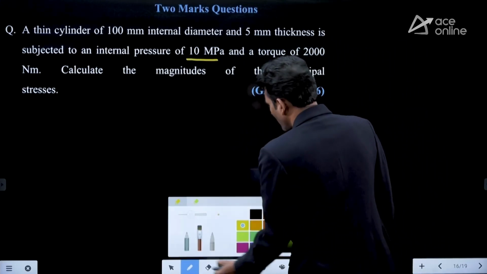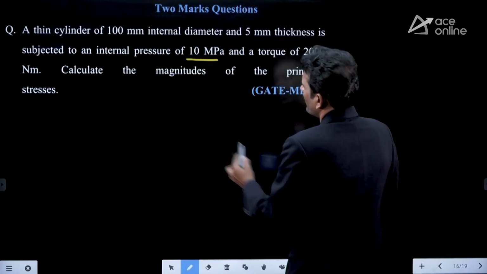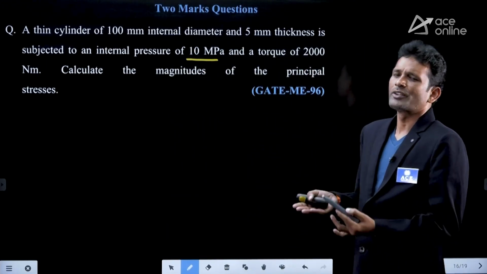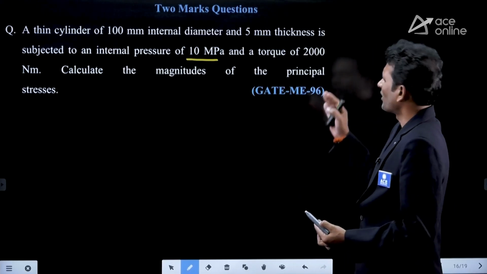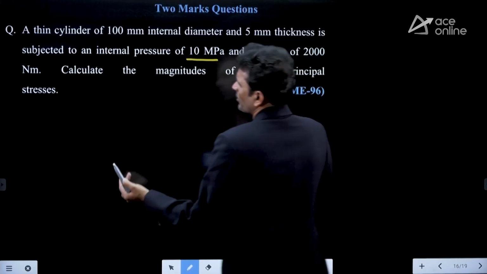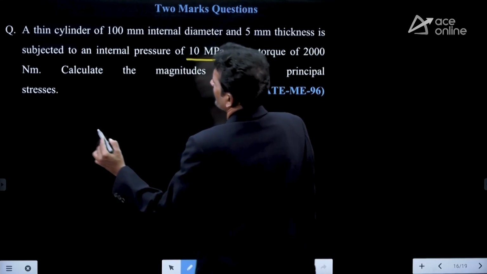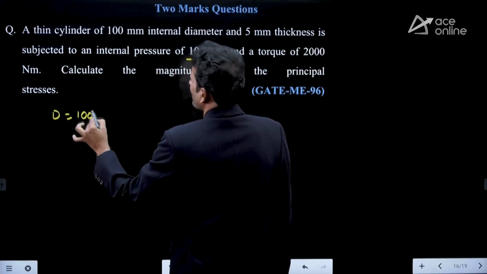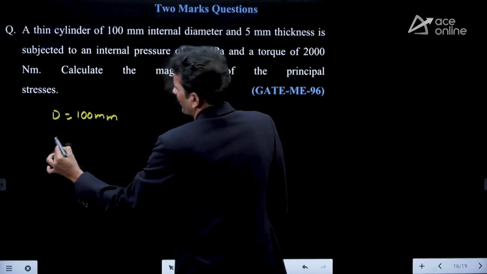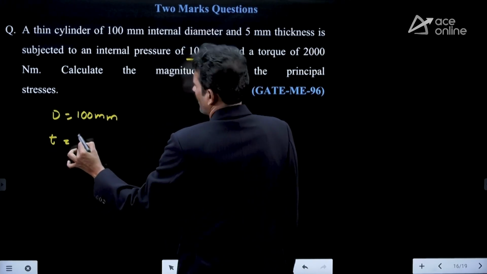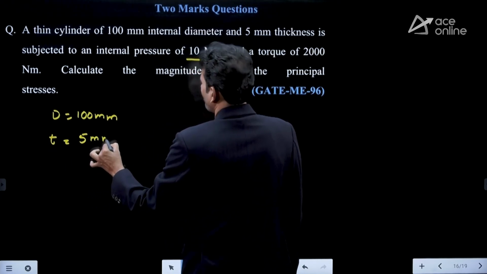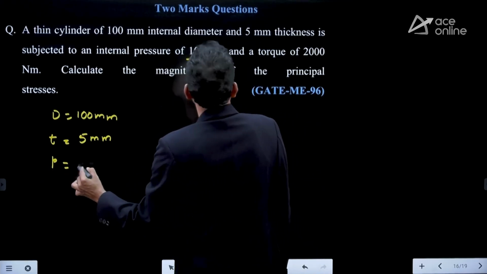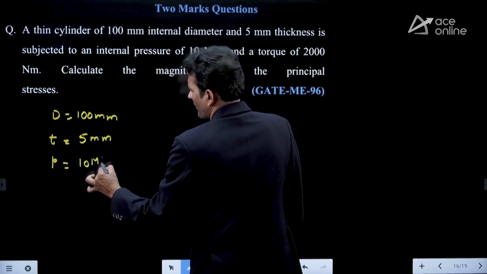Here on the cylinder we are having two effects. One is the internal pressure effect, the second one is the torque. Internal pressure gives the normal stresses. Torque gives the shear stress. So try to find out this one. First take the data. Diameter of the cylinder is given as 100 millimeter, the thickness is 5 mm, and internal pressure is 10 megapascal.